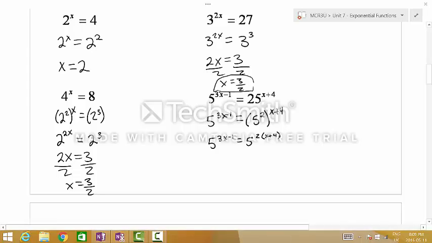So what I'm going to do is put that exponent outside the bracket in brackets itself to show that it's that 2 times the whole thing. And from there, I'm going to do distributive property. So we have 2 times x, which is 2x, plus 2 times 4, which is 8.